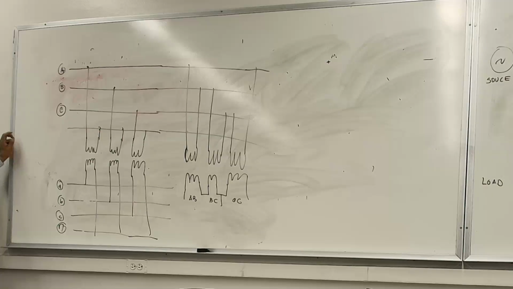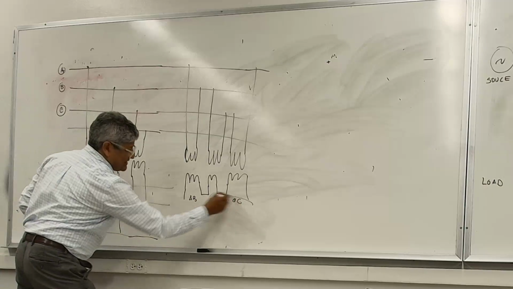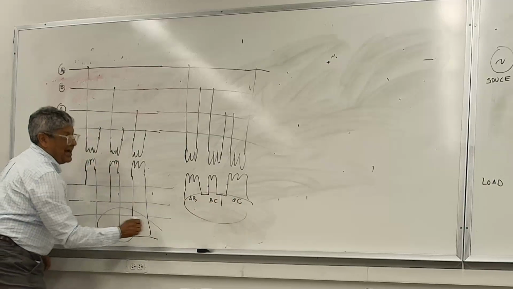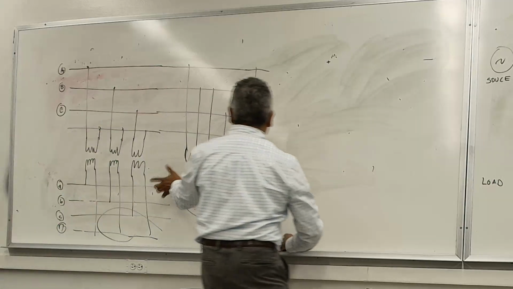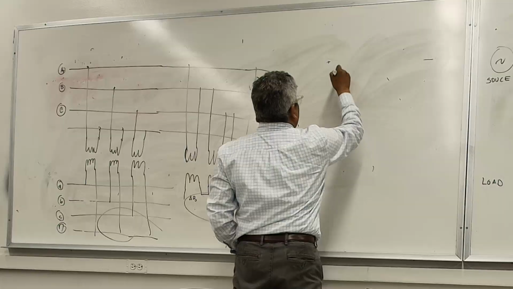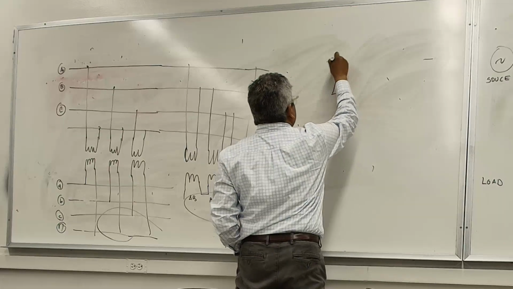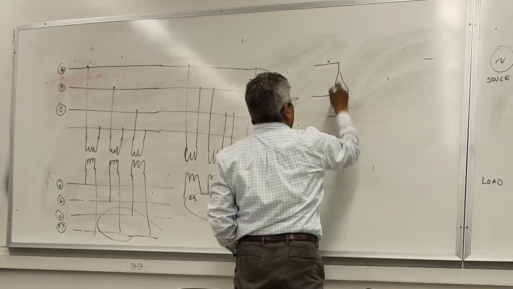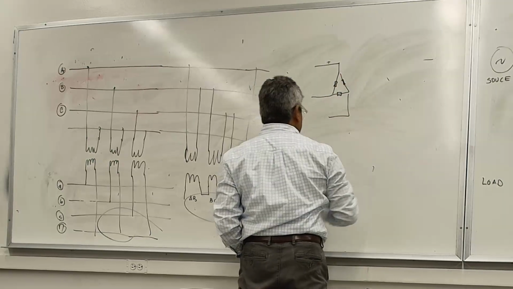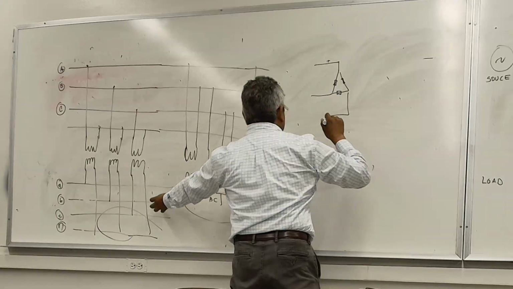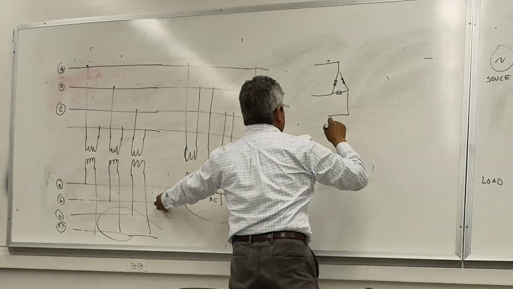Now let's go back to this side right here, the delta, and I mentioned advantages and disadvantages. Let me go to the secondary side. So you have a delta here, and here are your loads. Here's a load, here's a load, here's a load, okay? I'm talking about this load connected here.